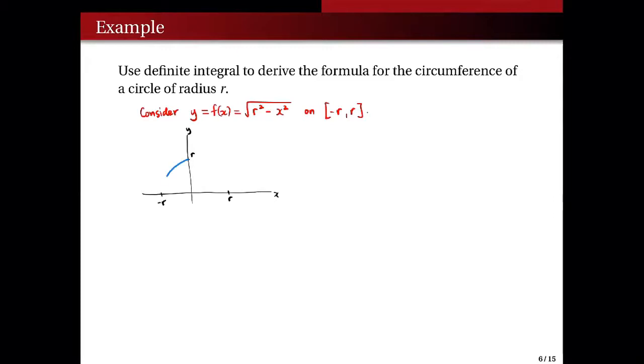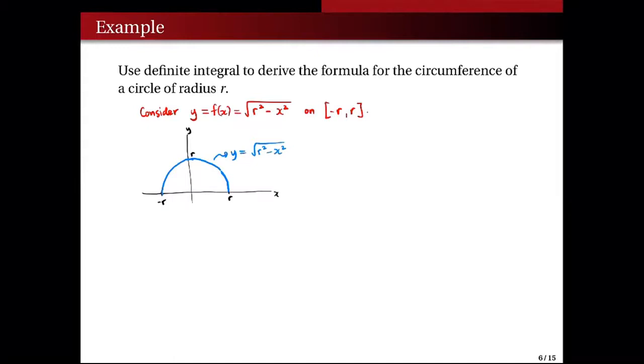It's just this guy here. It's the semicircle. So assume that it's a semicircle. So you have this semicircle, y equals square root of r squared minus x squared.